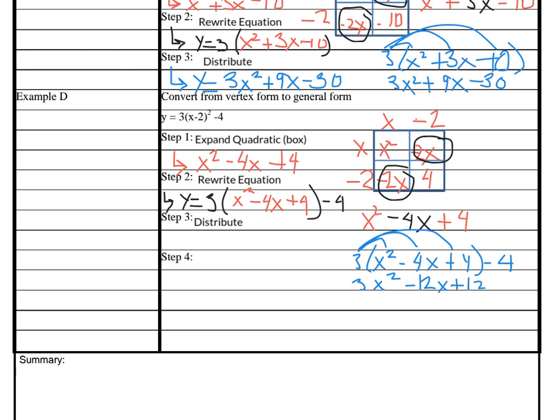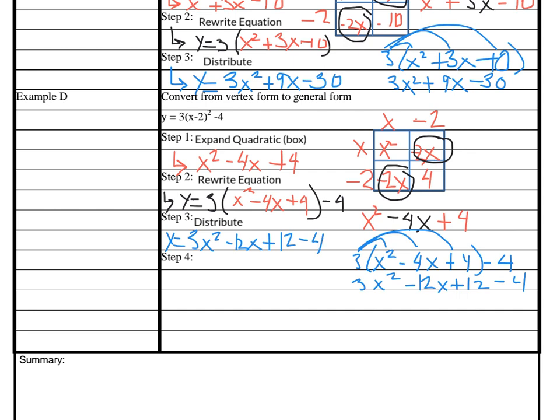And then I do not distribute to that negative 4 because it is outside of the parentheses, but I will still write it down. And then that's what goes over here. Y equals 3x squared minus 12x plus 12 minus 4.